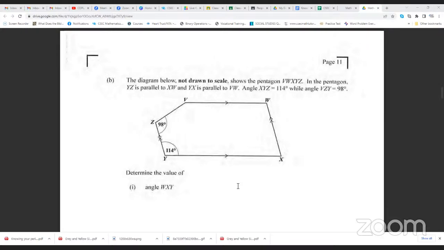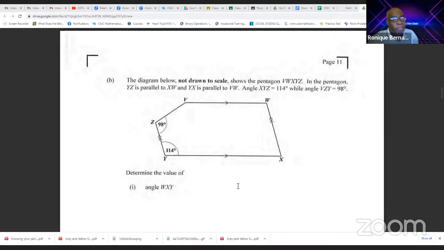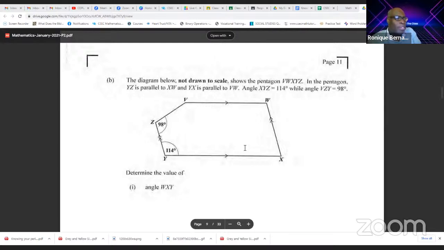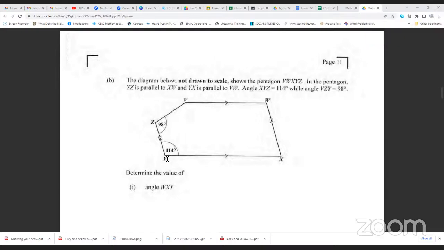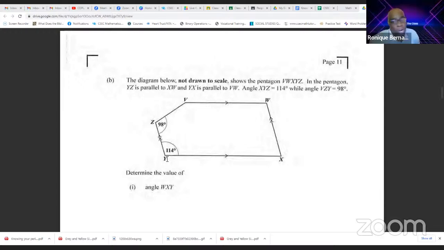Sir, they're the same, sir. They are the same. Are they always the same? Are you seeing that x right here is the same as 114 degrees? No, sir, it would be less, sir. It'll be less. Or it could be more, right?